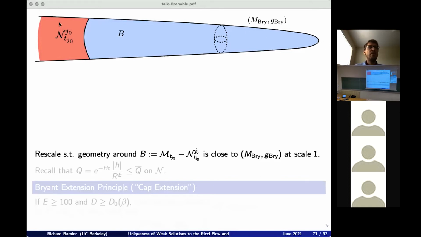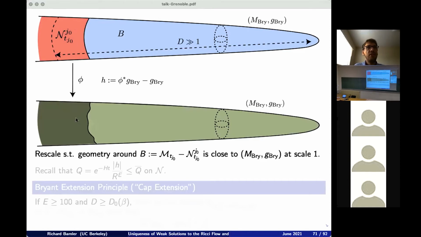I really want this region to look like a Bryant soliton. Let's just say, for simplicity, the flow at some time slice is isometric to a Bryant soliton. So this is a Bryant soliton, and then very far away on this Bryant soliton, we're given an almost isometry into another copy of the Bryant soliton. Let's just say for simplicity, it's at the same scale.